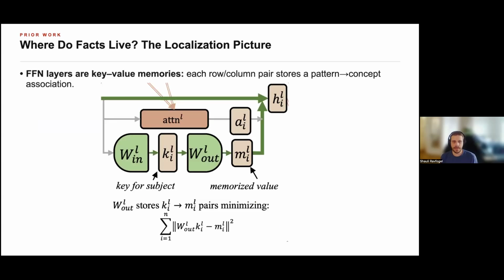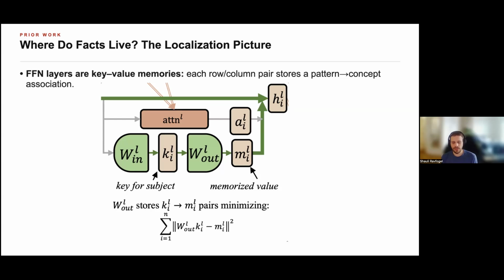One common account of factual recall in transformers, following the work of Geva and others, is the view that the feed-forward layers in transformers are where the knowledge is stored. Generally, the two main modules in a transformer are the attention module and the MLP or feed-forward.